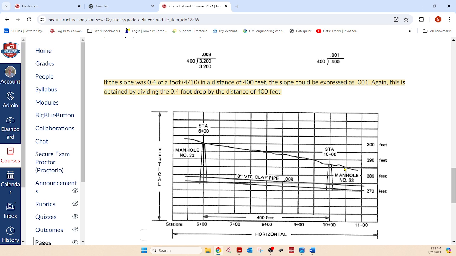Now, do you want to know what percent grade that is? We need to divide it by, what is the distance I'm covering? Did I go to here? 400 feet. Yeah. Well, that'll do good enough for this. 15 divided by 400 equals.